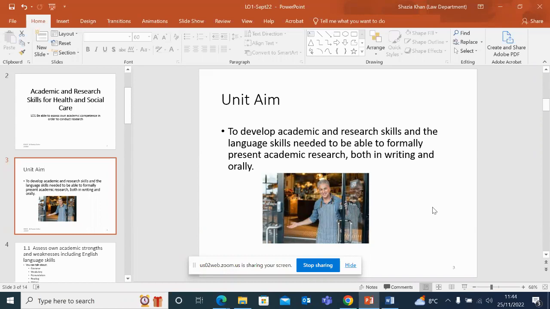So some people, Farida, do struggle with presentation skills. They get quite nervous, they may stutter a little bit, and there may be issues with their confidence levels. But it is really, really important you're able to present academic research both orally and in writing.